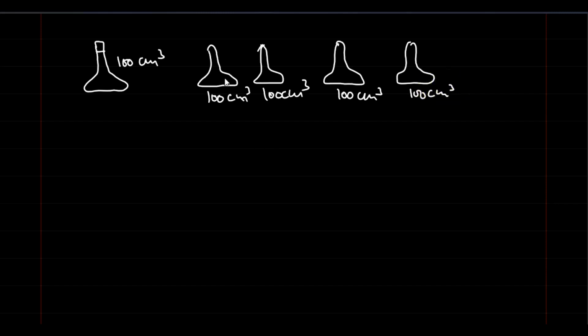So 1, 2, 3, 4. I want to add equal amounts in each. So I add 25 cubic centimeter of acid, also in here 25, also in here 25, also in here 25, and then I fill the solution to the mark with water, with additional water.